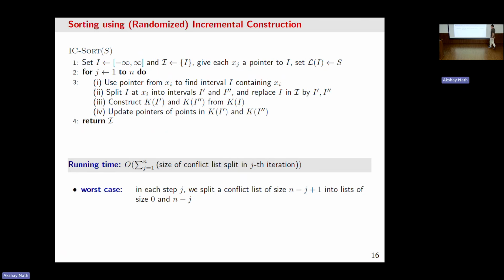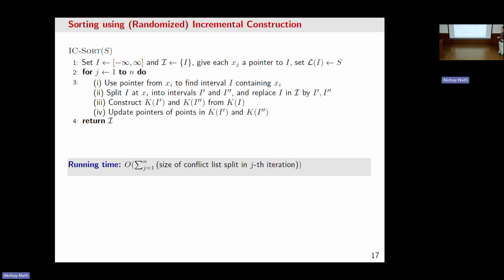These are the points that are still left, and I split it into something of size 0 and something of size n minus j. The +1 disappears because that was the point that is now added. So this would be n squared.